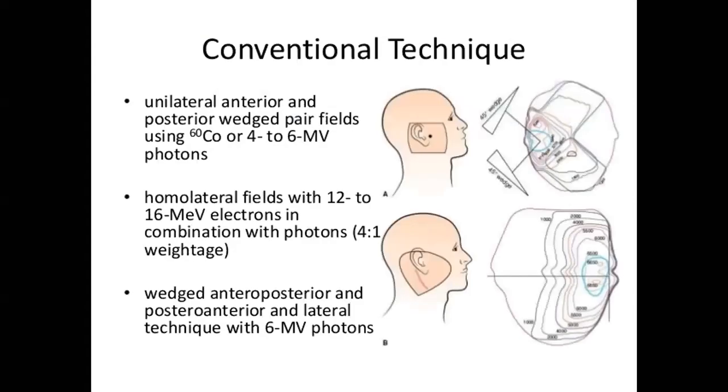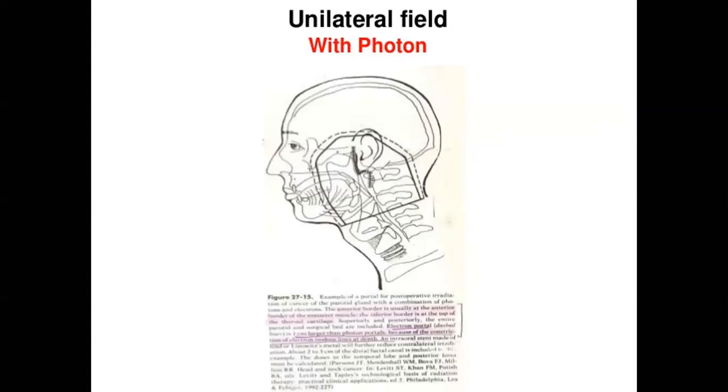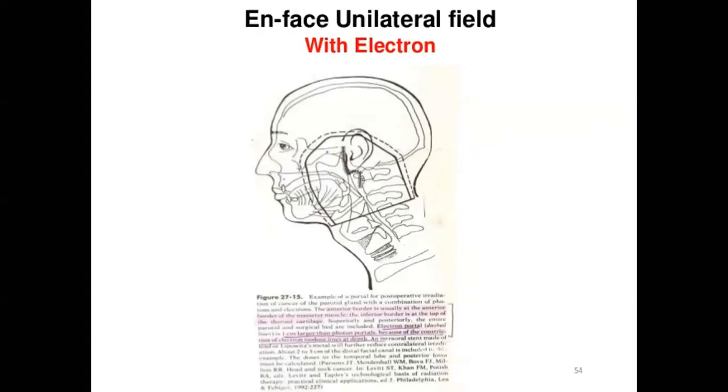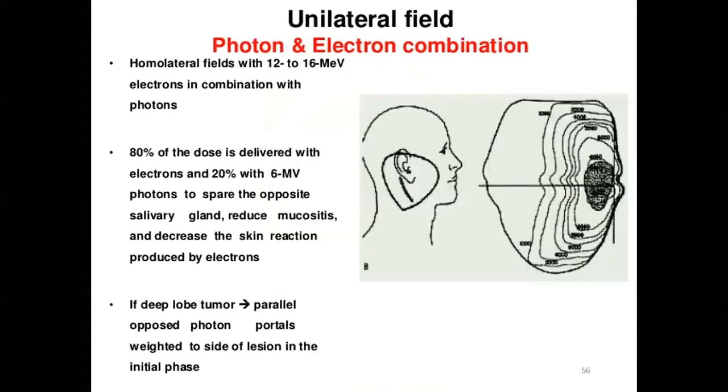Conventional techniques include unilateral anterior and posterior wedge pair, lateral field, wedge anterior posterior and posterior lateral, and posterior anterior and lateral techniques. These are the different areas where we can give radiation. There are unilateral field photon-proton combinations, and homolateral field 12 to 16 MeV electrons in combination with photons. 80% of the dose is delivered with electrons and 20% with photons to spare the opposite gland.